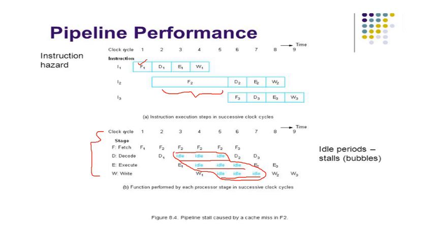Such idle periods are called stalls. They are also referred to as bubbles in the pipeline. Once created as a result of the delay in one of the pipeline stages, a bubble moves downstream until it reaches its last unit.